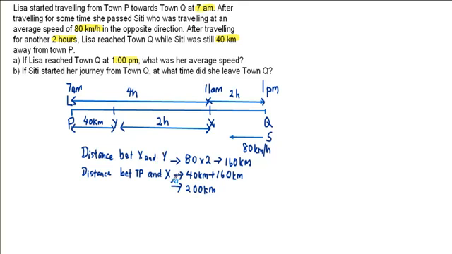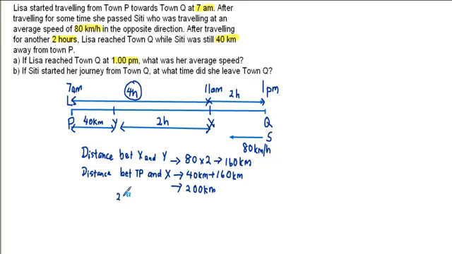Using this information, we can therefore find Lisa's average speed, because Lisa traveled 4 hours to cover 200 kilometers, if you look at the timeline again. From here to here is 4 hours, and this equals 200 kilometers.